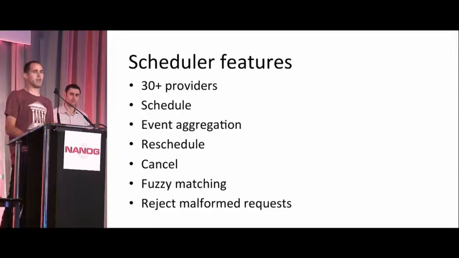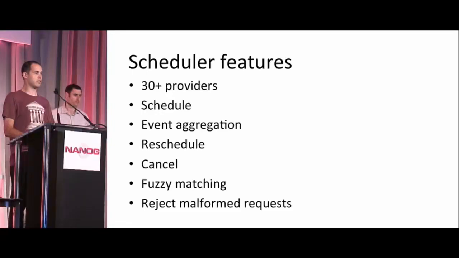But we also do event aggregation, and this is because many of the maintenances that we receive are related to other maintenances that we already received before. The reason for this is that carriers send more than one maintenance generally, and they can be reschedules, they can be cancellations, they can be addition of circuits, addition of dates, a lot of different things.